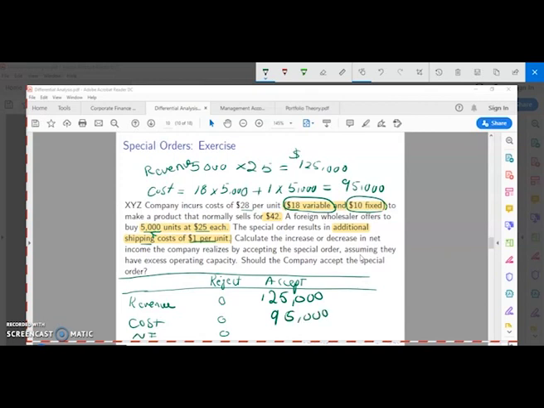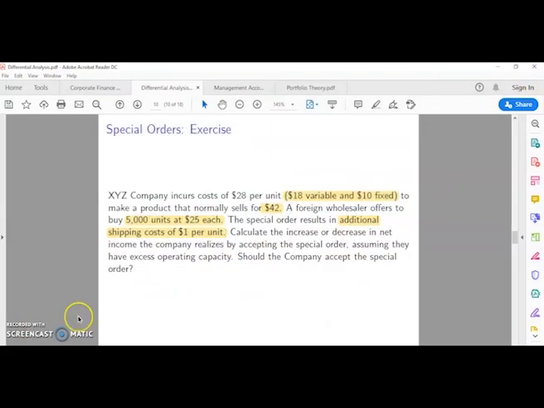Therefore, the difference between the revenue and the cost, which is 30,000, is the net income. If I am going to make $30,000 profit, why not accept the project? Therefore, I will accept the project.